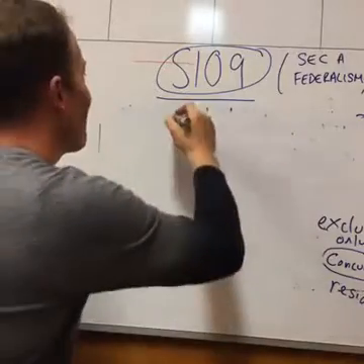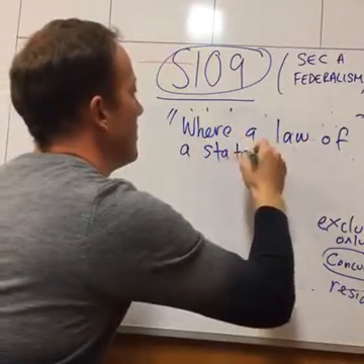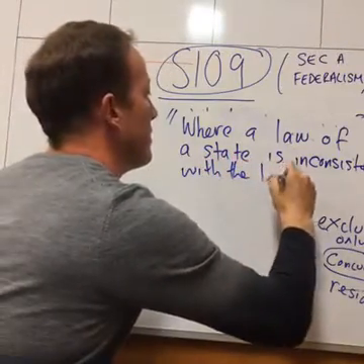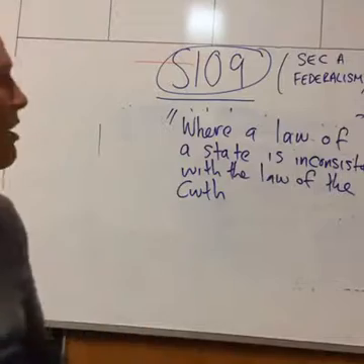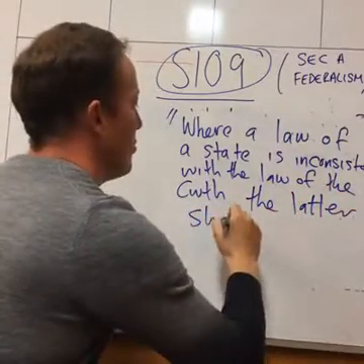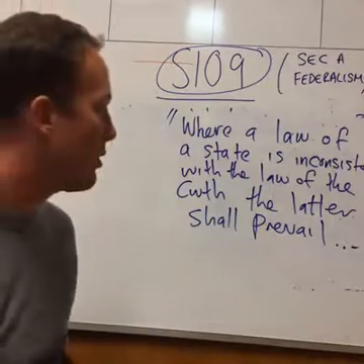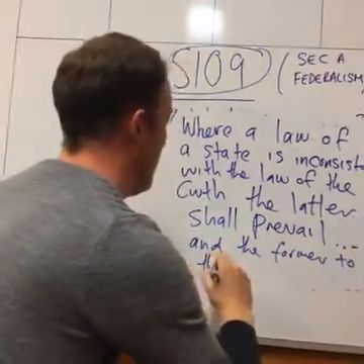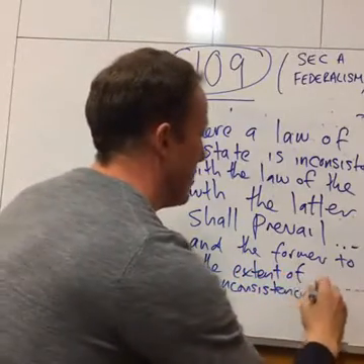I think it says something along these lines: where a law of a state is inconsistent with the law of the Commonwealth, the latter shall prevail, the latter being the Commonwealth, so the Commonwealth law shall prevail, and the former, to the extent of the inconsistency, be invalid.